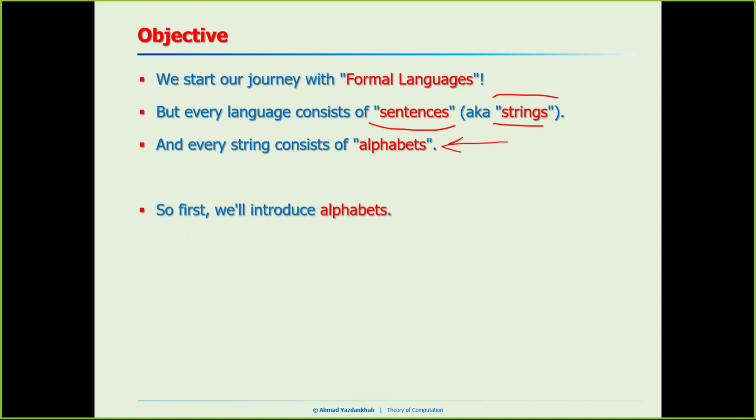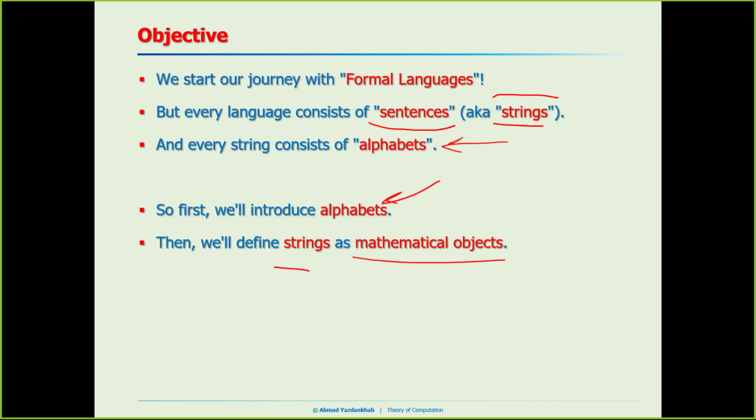Just keep in your mind that all of this stuff that we are talking about would need a mathematical model behind it. So when we say a string, it is a mathematical object. Anything I mention here is a mathematical object. First, we start with the alphabet, and then we define strings, and then we will define some operations on strings.